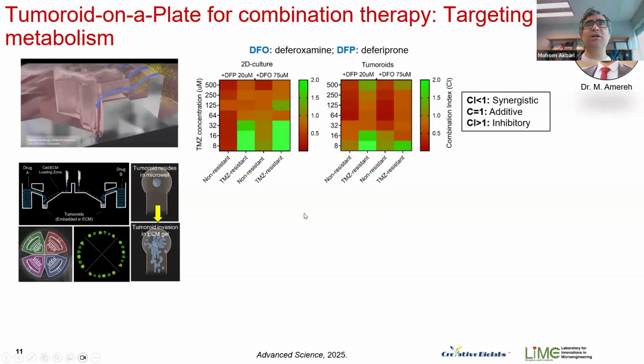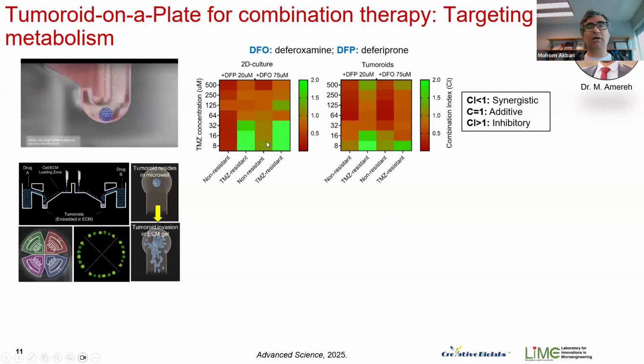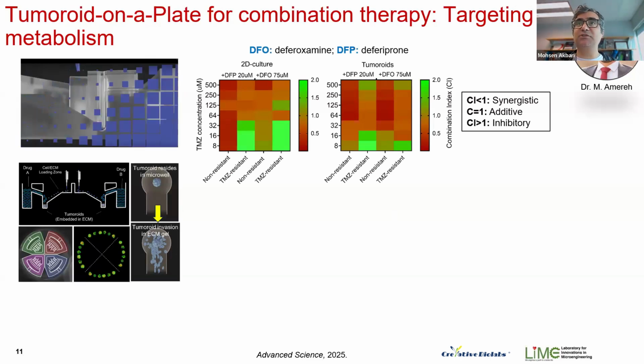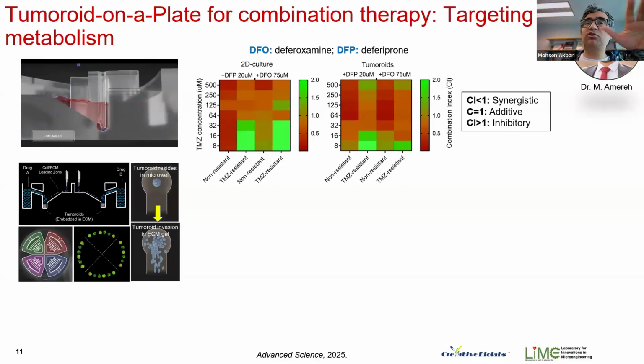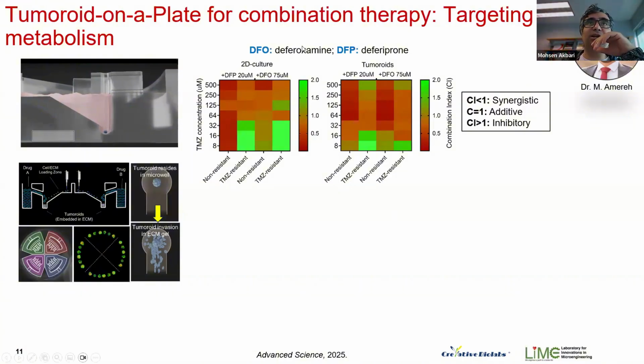In this case, we were looking to identify concentrations or drug doses of a combination of temozolomide and these iron chelating agents, to see whether we can find any synergism between these two drugs.